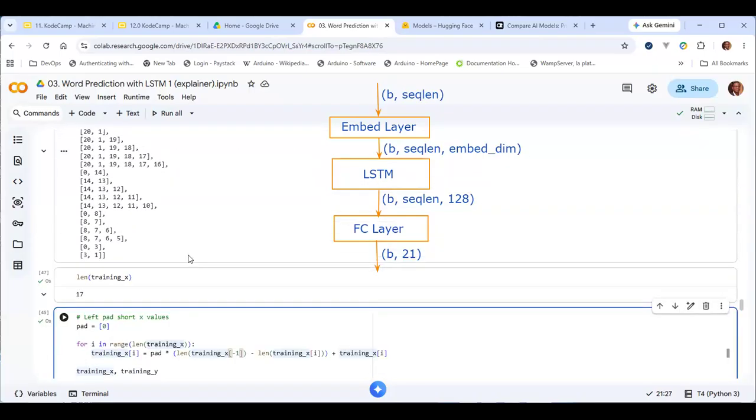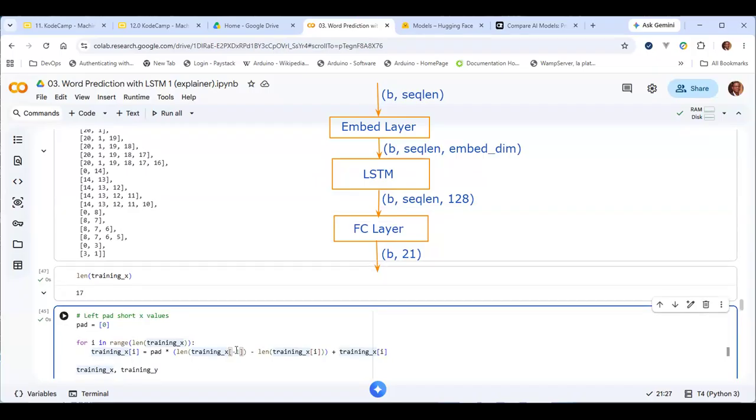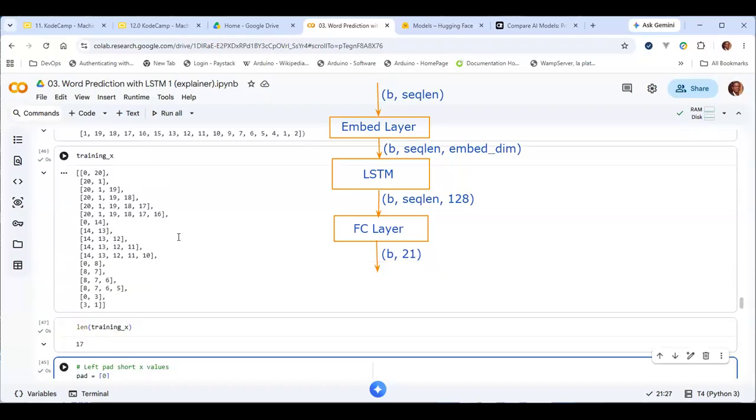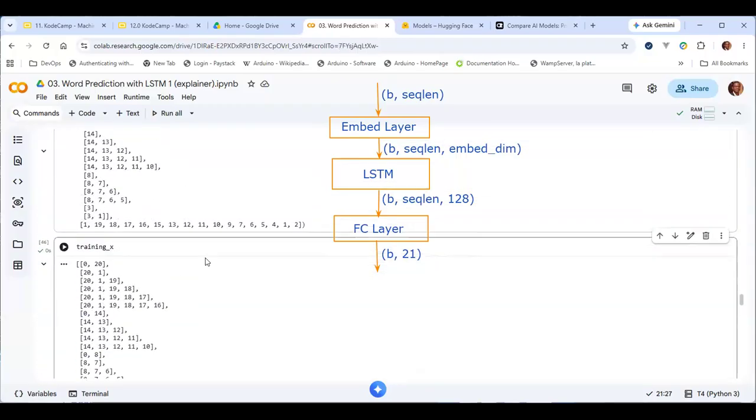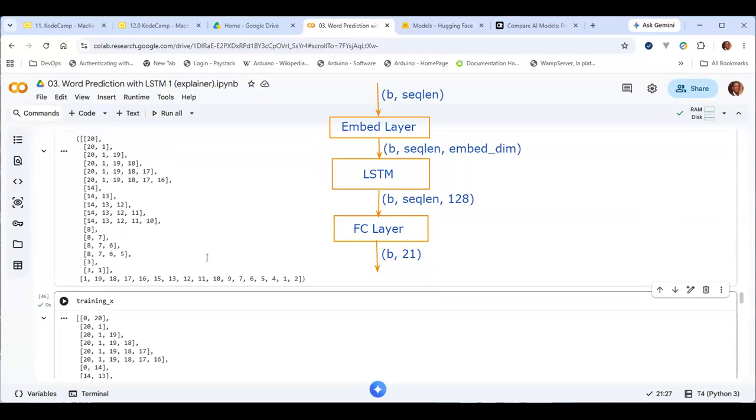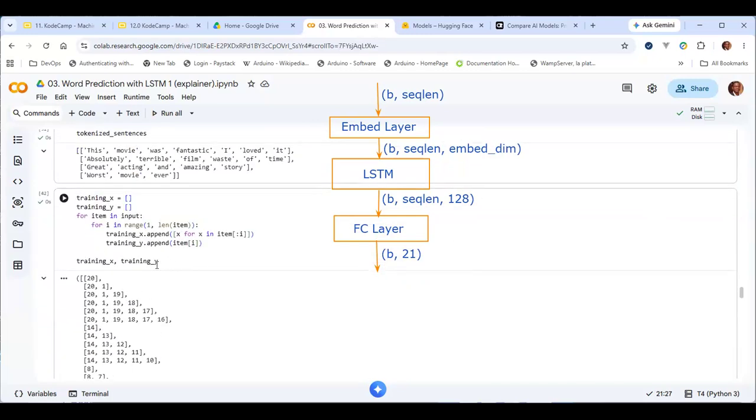So the issue is that the formula I was using is using the last one as a length, which is not the correct approach. So what I should have done is, while generating this, I should have tracked the longest item.